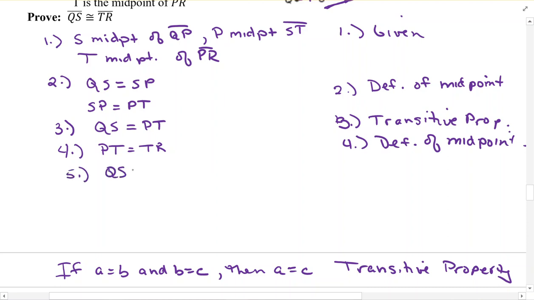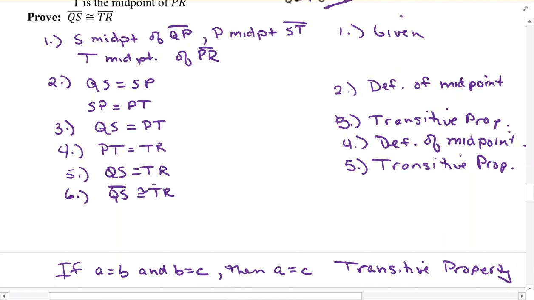So QS equals TR, and that's by the transitive property. We were asked to prove that they're congruent, so we need one last step. QS is congruent to TR, and that's by definition of congruence.